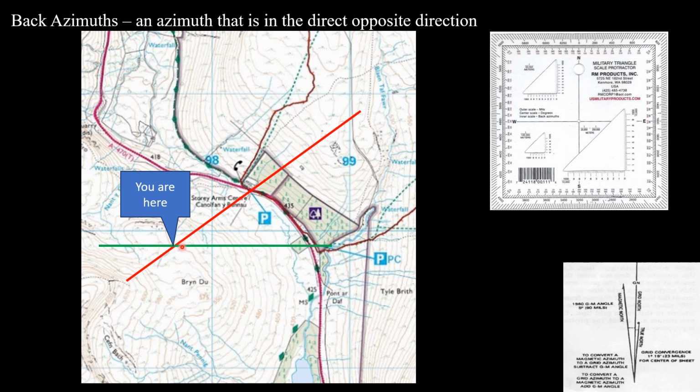If you're doing this exercise correctly, all these lines, you could take 100 of them, as long as you're doing it correctly and your assumptions are correct on what you're looking at on the map, they're always going to intersect where you are on the map. If you get something funky and this line goes something like this and it doesn't intersect at the same point as these two lines, then you're doing something wrong. Try again.